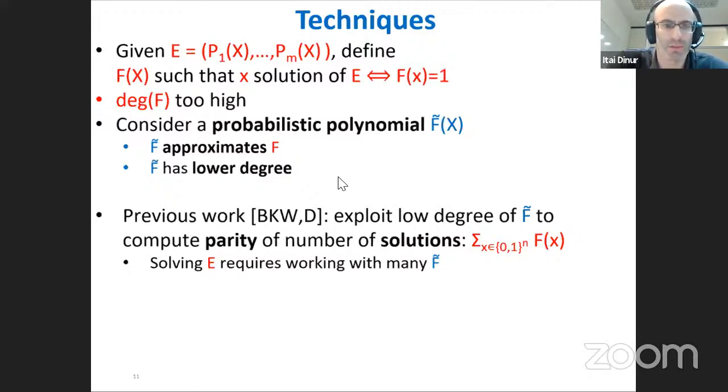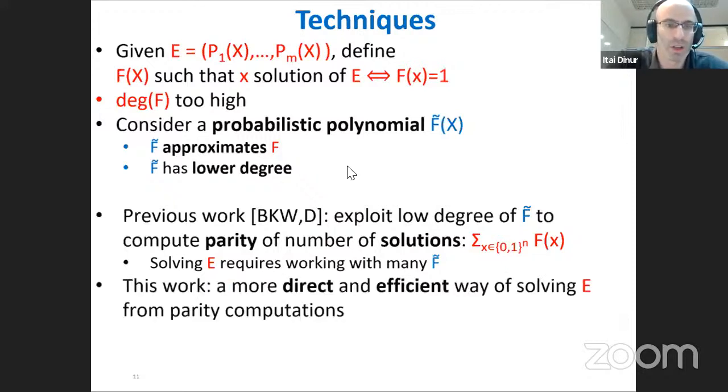However, this required working with many probabilistic polynomials and was inefficient, at least in terms of concrete complexity. So one of the contributions of this work is a more direct and efficient way of solving the equation system from parity computations.